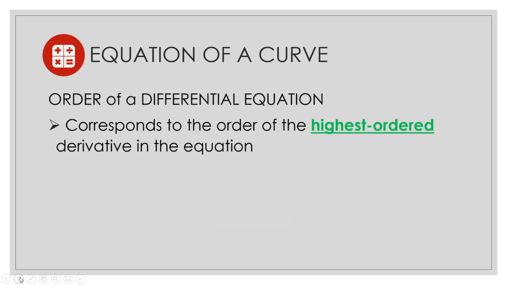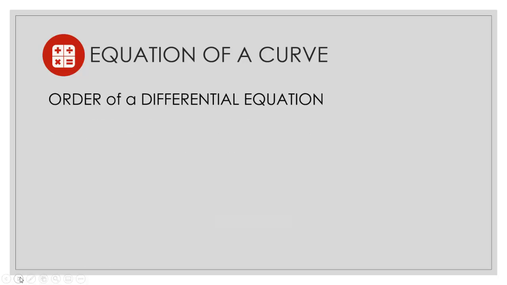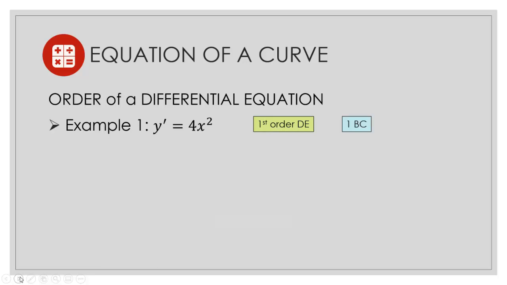Now let's give three examples of a differential equation and determine their corresponding orders. Let's say we are given y prime equals 4x squared. Since the highest order derivative appearing in this equation is the first derivative of y with respect to x, then what we have is a first order differential equation, and we only need one boundary condition for us to define a particular solution for this differential equation.